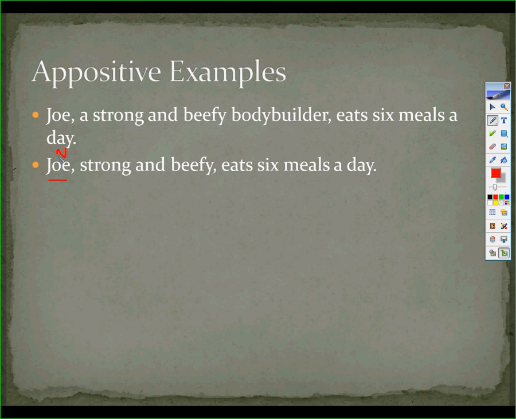Again, for it to be an appositive, you need noun, comma, noun, comma. And there's no noun over here. In the example up above, we added the word bodybuilder, and that made this an appositive. So the second example here, where there's no noun, is not an appositive. It's something else.